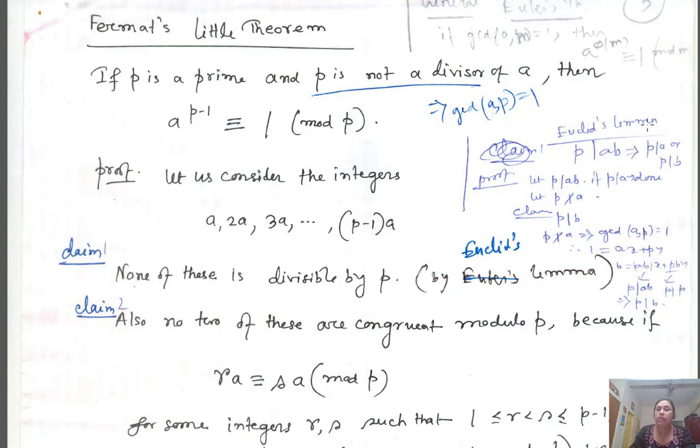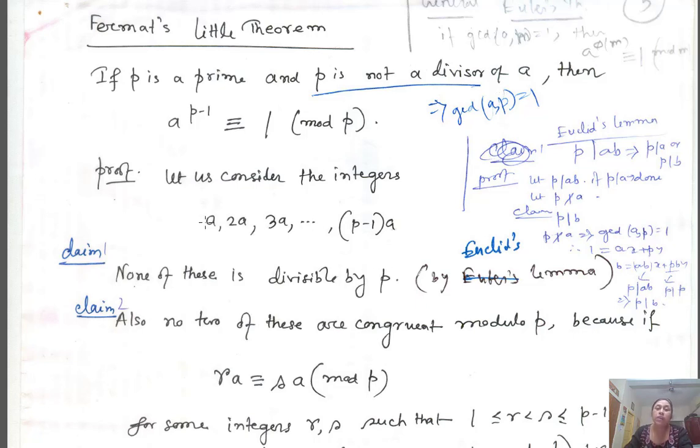In Euclid's lemma, which we have discussed earlier, if P is prime and P divides AB, then either P divides A or P divides B. So here, if P divides any element, suppose I take the element T times A from this set, then either P divides A or P divides T. But P does not divide A, it is given, so P must divide T.